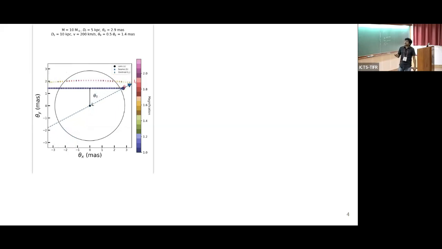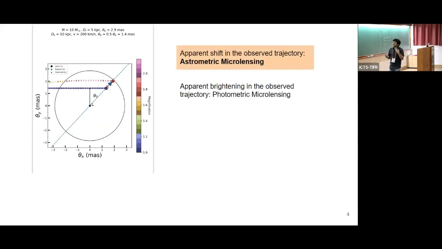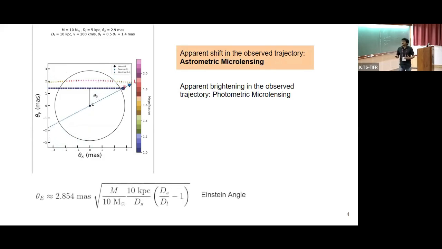The color signifies the apparent brightness of the star. So these are the two effects: the apparent shift in the trajectory, which is astrometric microlensing, and the apparent brightening, which is photometric microlensing.